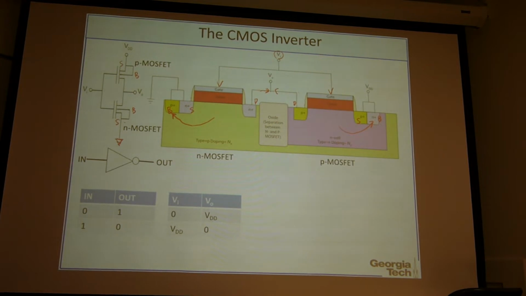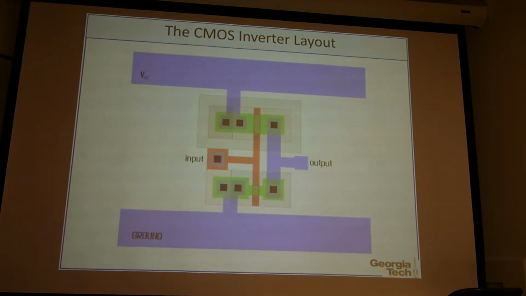Alright, so this is a cross-sectional view. But actually, from the top view, this is a layout of the inverter. So if you are a circuit designer, you will always deal with this kind of layout eventually. So here in this class, we don't require you to read this kind of layout.